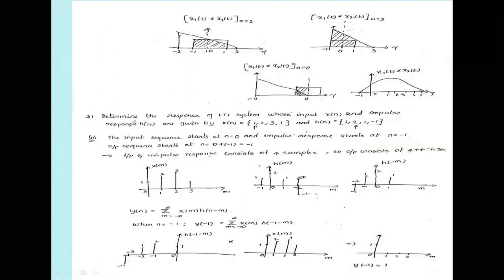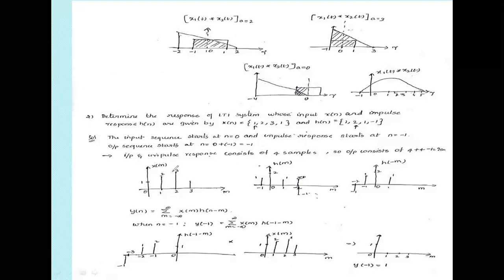Got it? Another example: determine the response of a linear time invariant system whose input x of n and the impulse response h of n are given. Find the convolution. X of n graph is here, starting at the arrow mark, which means at n equal to 1.